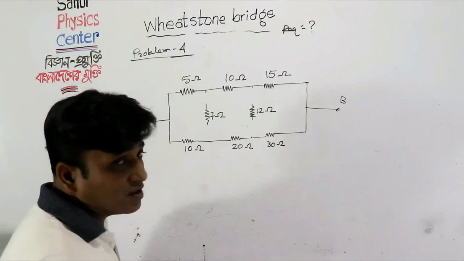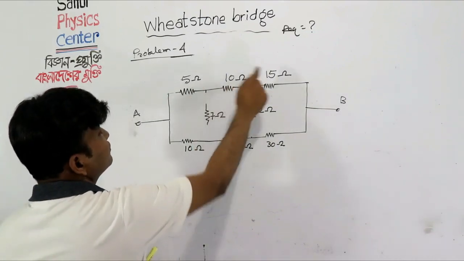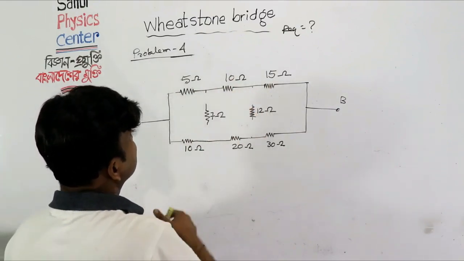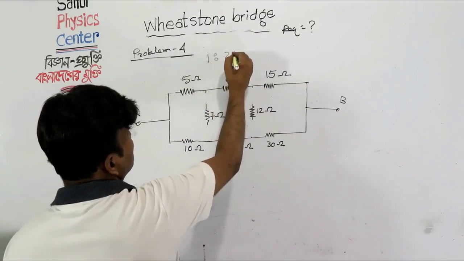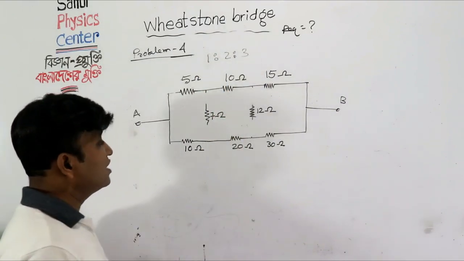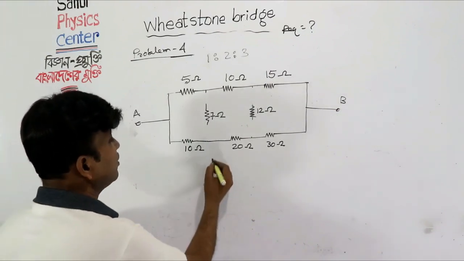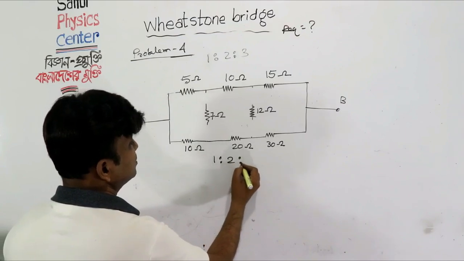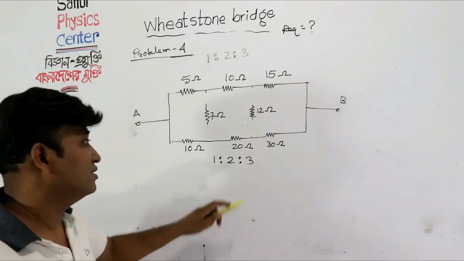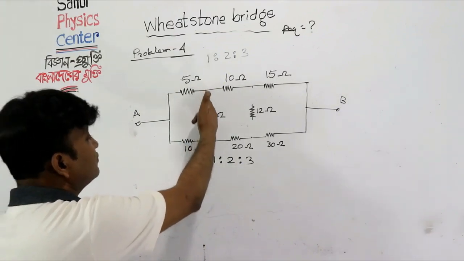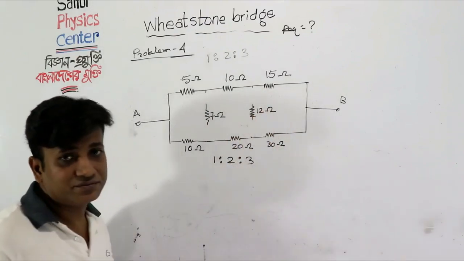So we can consider this circuit in another way: the ratio of the resistances on the upper side is 1:2:3, and the ratio of these resistances is also 1:2:3. As their ratios are the same, no current will flow through the 7 ohm and the 12 ohm resistances.